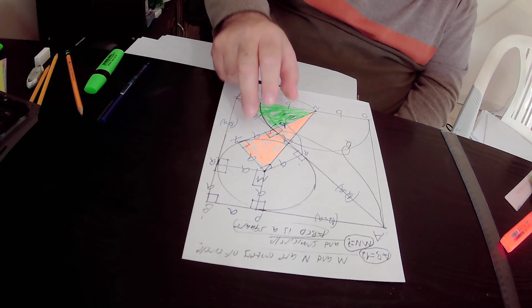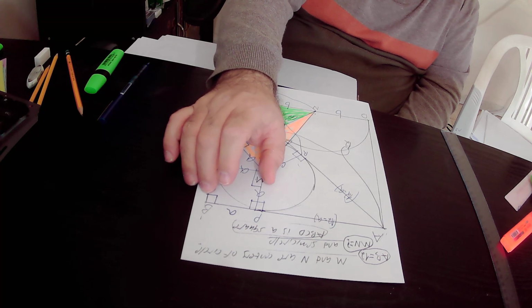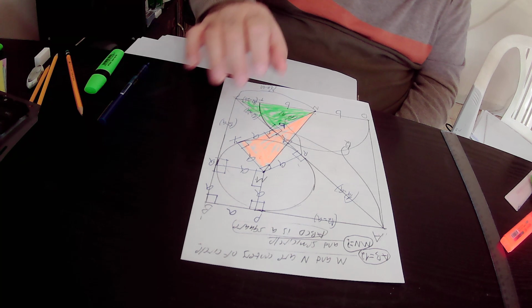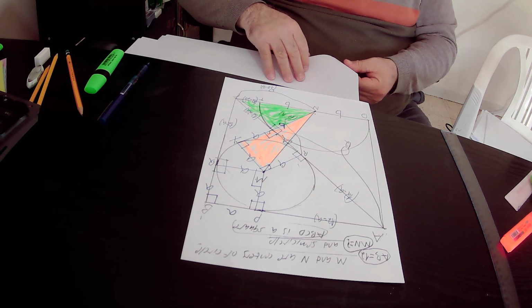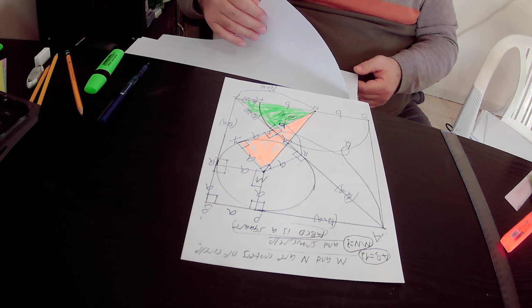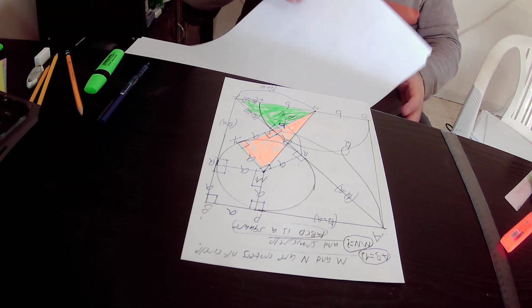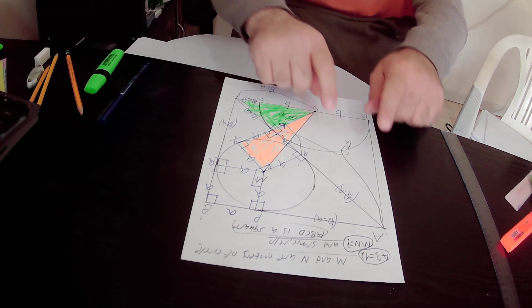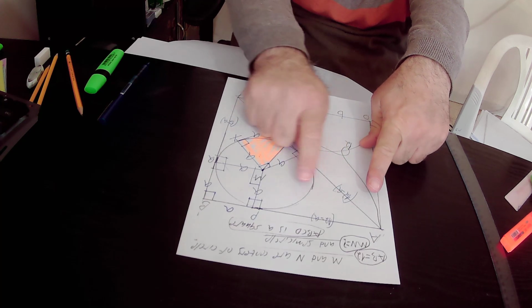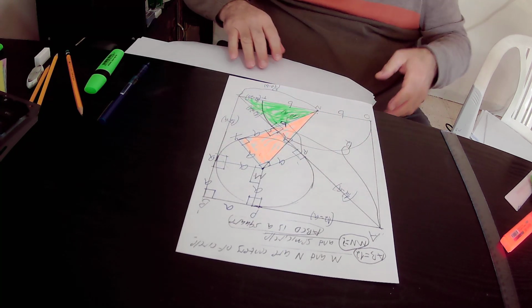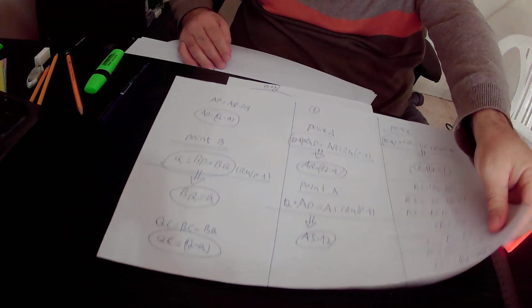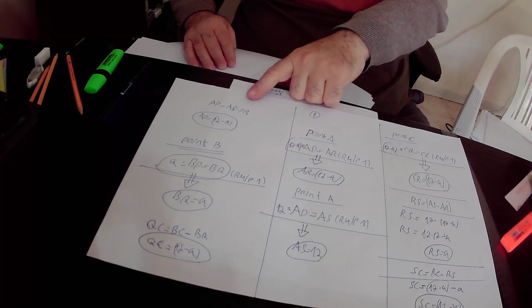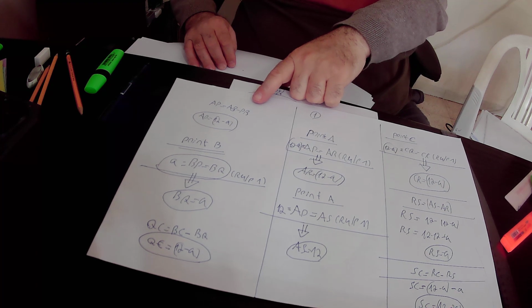Then we define PB as a, that is to say PB equals a according to our definition. What is the value of AP? Here, it is very easy to see that AP equals AB minus PB.